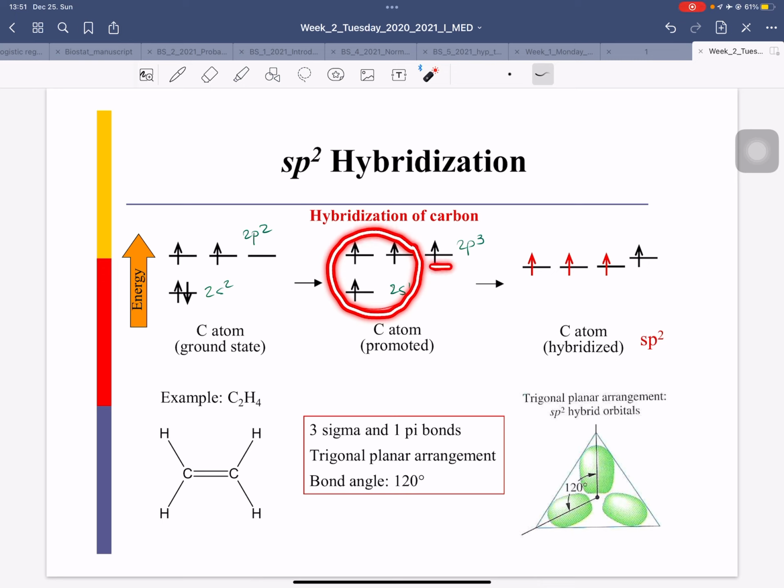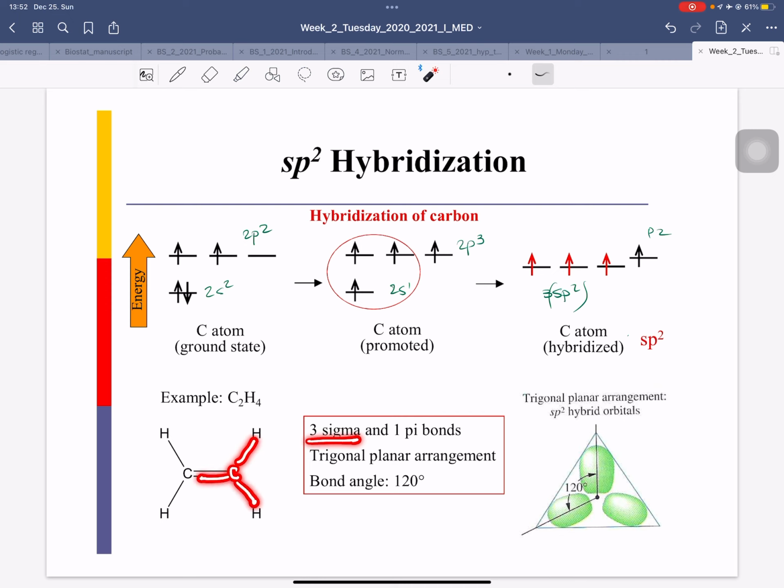Then pz will be alone there, and we will have 3 sp2 and 1 pz orbital. Okay, now we have 3, and if you see here, these 3 can make sigma bonds or single bonds. Then we have 1 sigma, 2 sigma, these 3 sigma bonds.